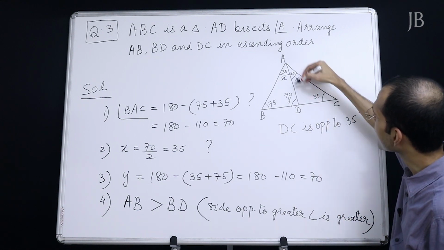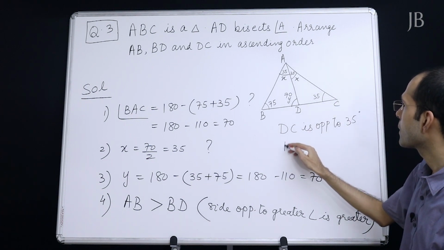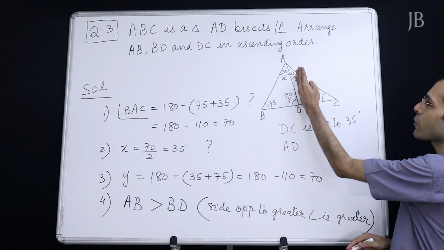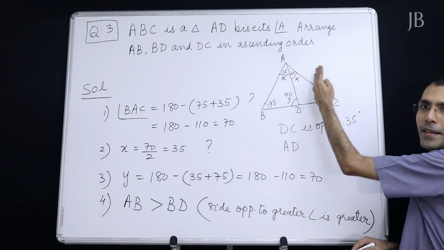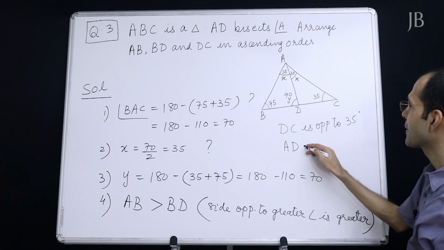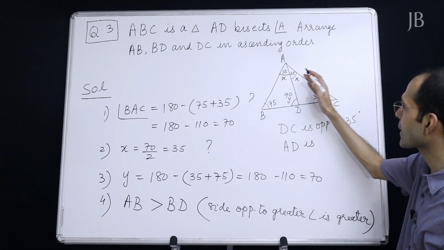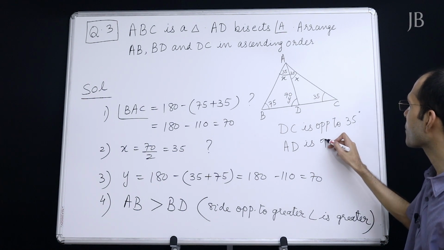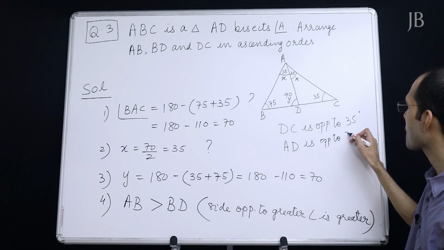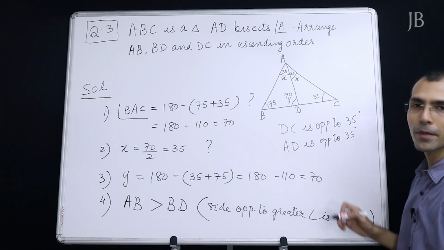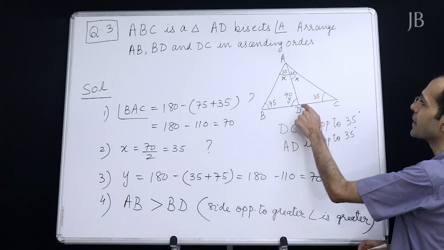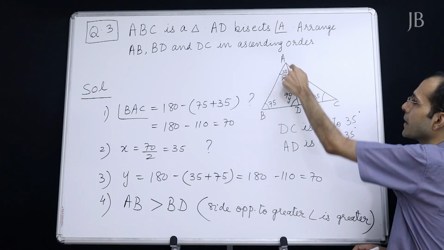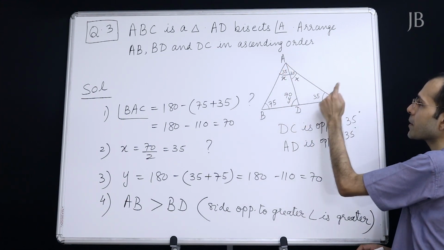Look at AD now. AD is also opposite to 35 degrees. Now we are looking at this triangle, ADC. AD is opposite to 35. Is something striking your mind? DC opposite to 35. AD also opposite to 35.